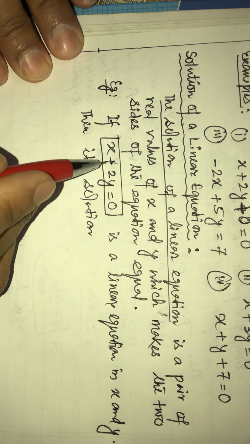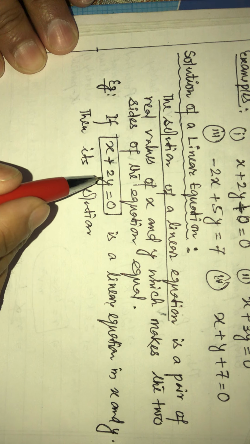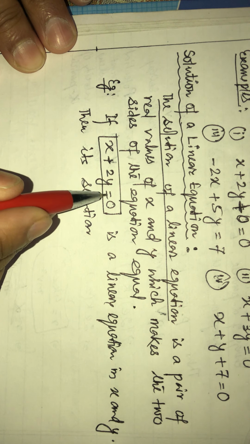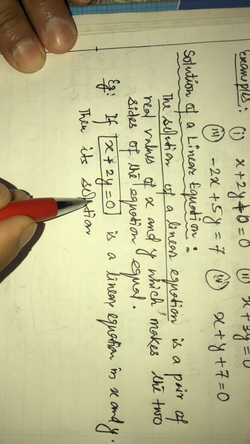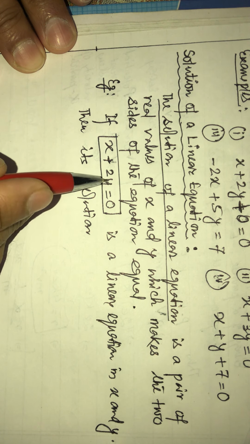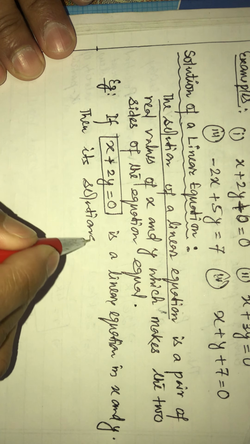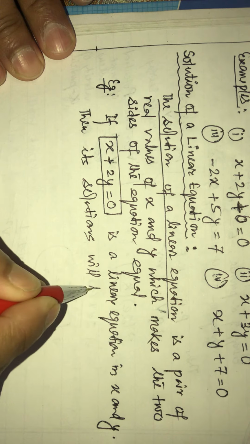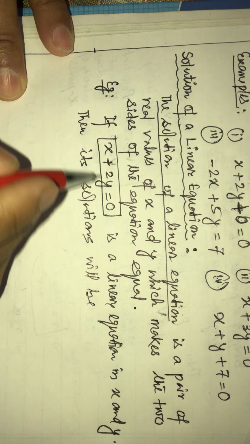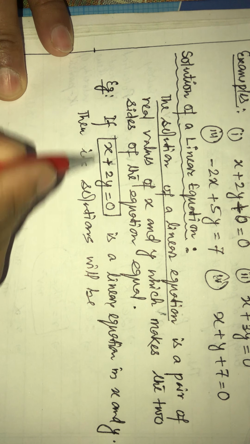Remember, this will have more than one solution. We can think about so many values of x and y which will make this equation equal, meaning the left hand side and right hand side will be equal. We know how to do this.